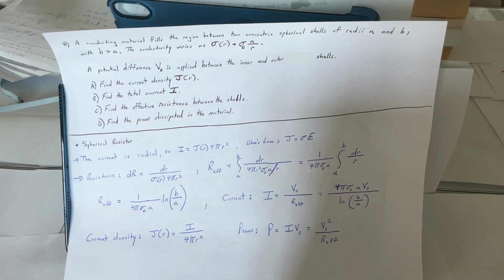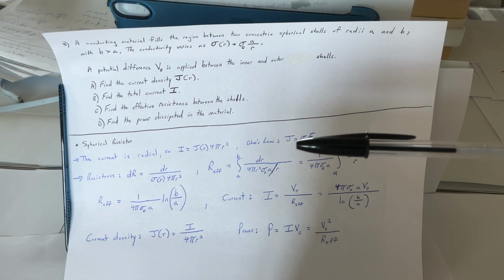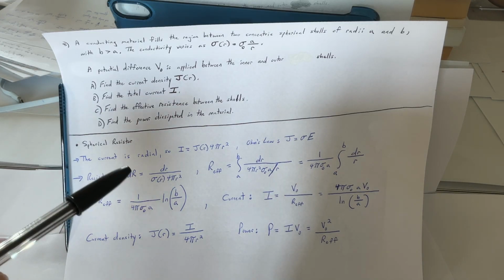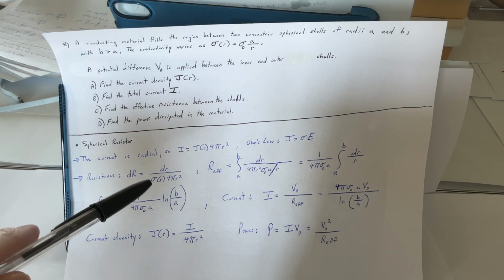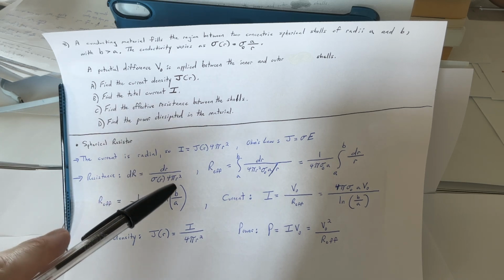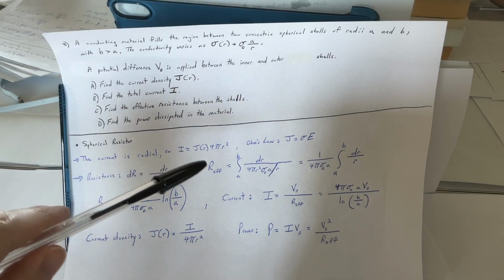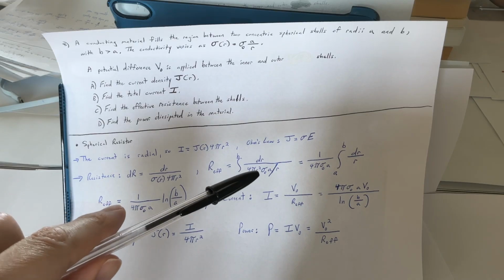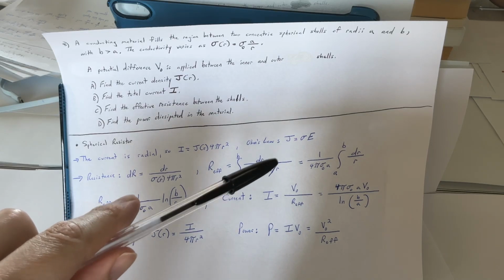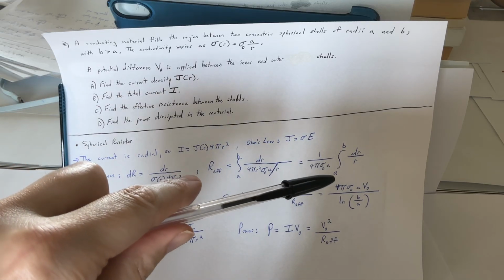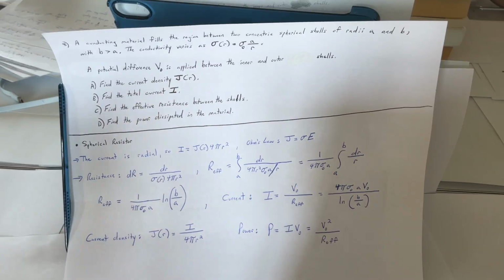The current is radial, so I equals J of r times 4 pi r squared, and by Ohm's law, J equals sigma times E. Our resistance, dR, equals dr over sigma of r times 4 pi r squared. Our R sub eff equals the integral from A to B of dr over 4 pi r squared times sigma naught A divided by r. So this is going to be 1 over 4 pi sigma naught A integrated from A to B dr over r.